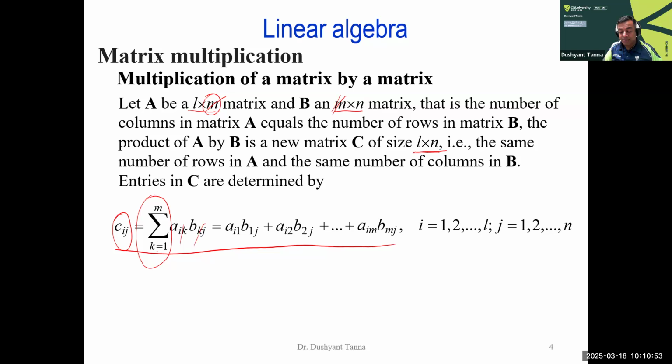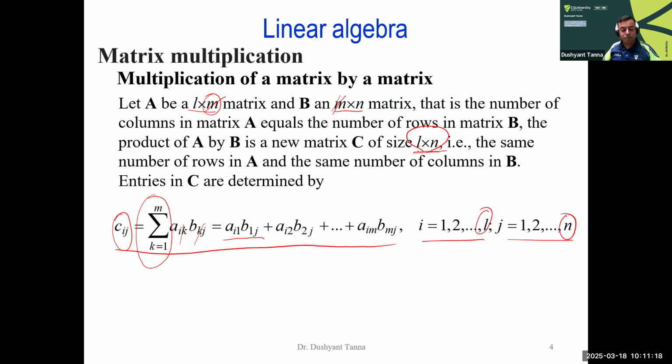If you let k be equal to 1, A_i1 B_1j, which will be added to A_i2 B_2j up to A_im B_mj. I will be 1 to L, J will be 1 to N. This L and N is the new dimension, right? Number of rows and columns of C, right?